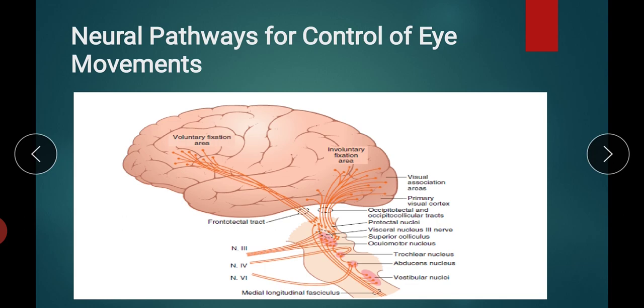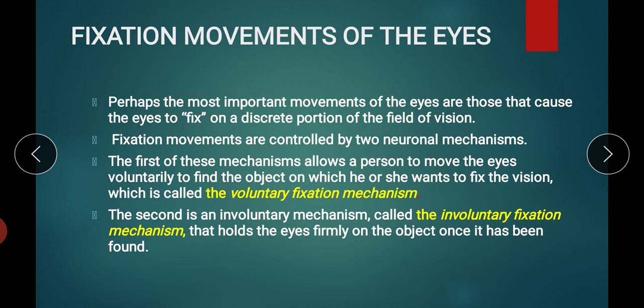Okay, so the image in the visual field remains focused because of the involuntary fixation area, and when we want to move our focus from one object to another, for that movement we use the voluntary fixation area. Okay, that we will just discuss, the fixation movements of the eye.